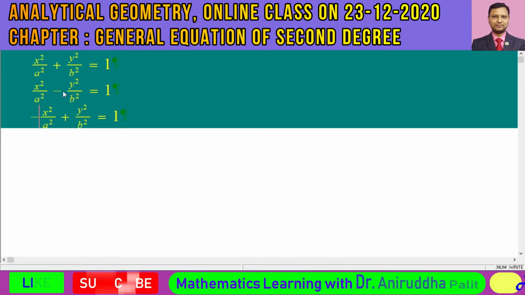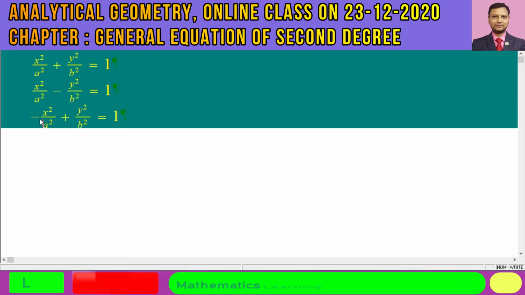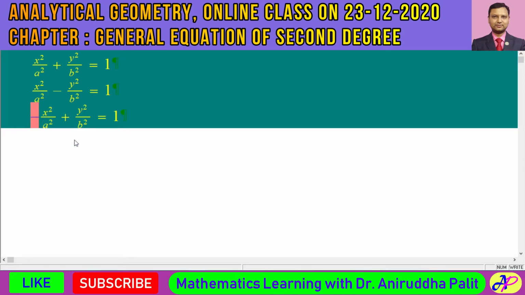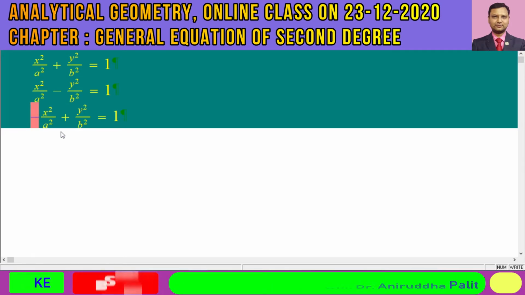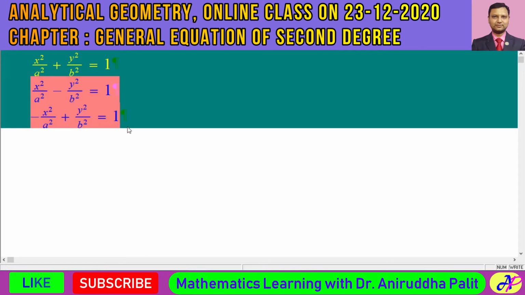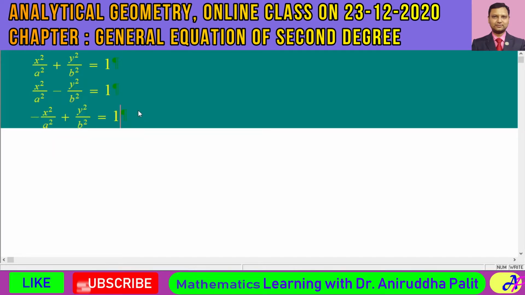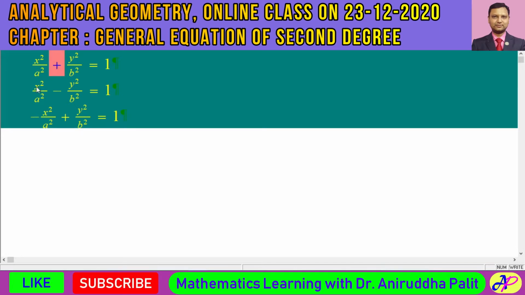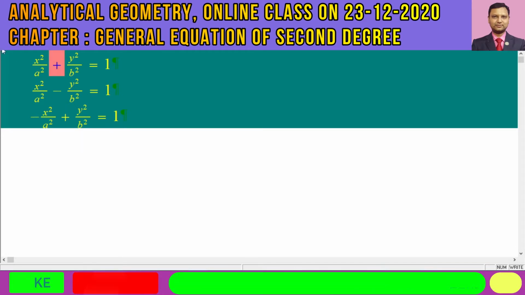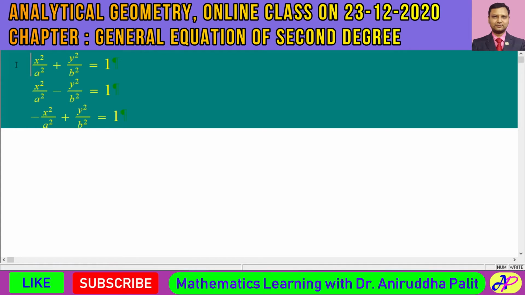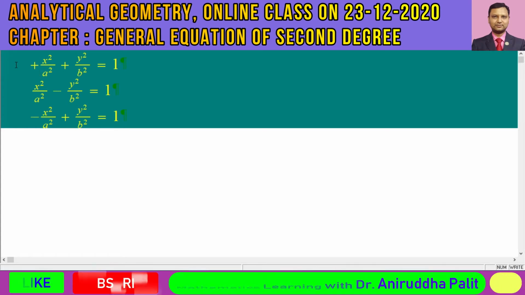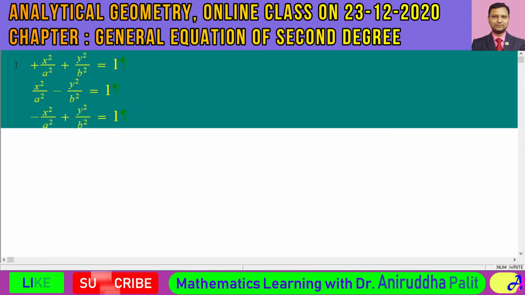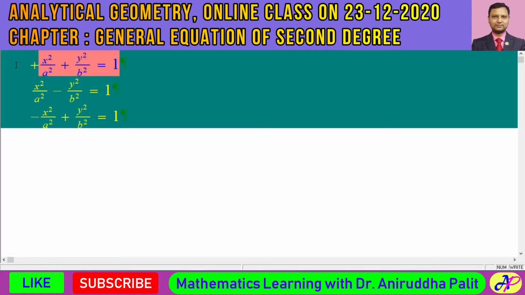In any one single case, the coefficient of y square or the coefficient of x square may be negative. In both of these cases, the equations represent a hyperbola, and if both the coefficient of x square and the coefficient of y square are positive, in that case we get an ellipse.